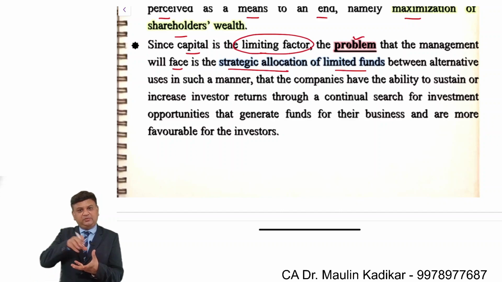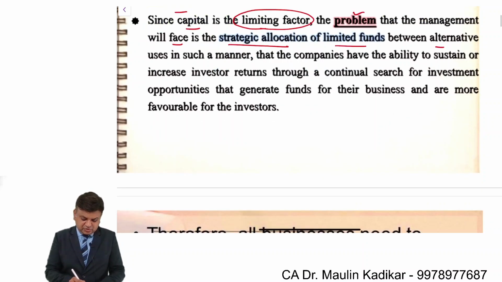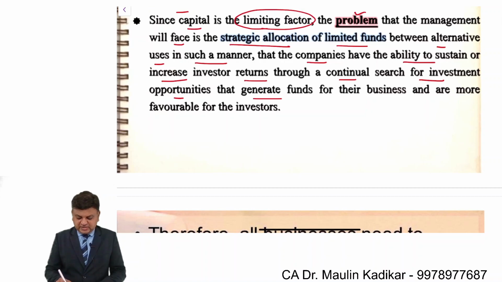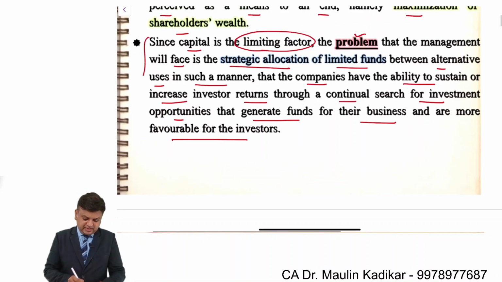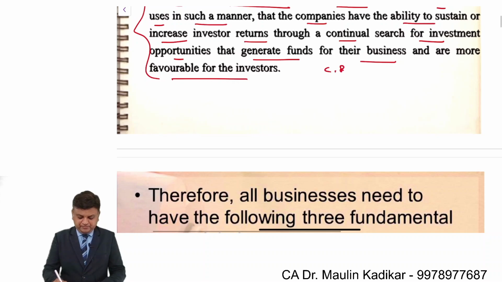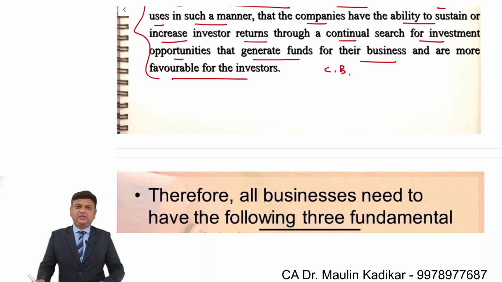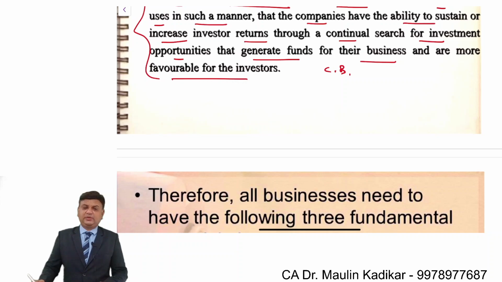So these funds are required to be properly employed in the business between the alternatives, used in such a manner that the companies will have the ability to sustain or increase the investors' return through continual search for investment opportunities that generate funds for their business and are more favorable to the investors. Means exactly the same thing that we study in capital budgeting: the replacement of machinery, or mutually exclusive investment opportunity, or expansion of the business.